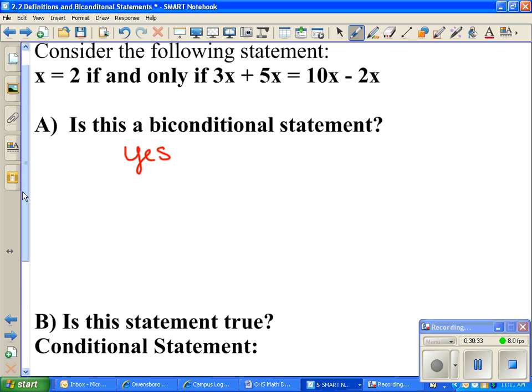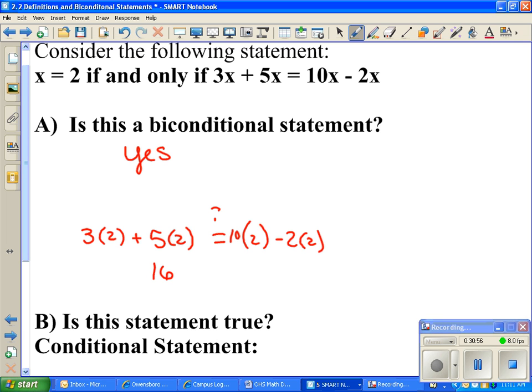Well, okay, let's figure it out. Remember, it has to be true both ways, right? So if I put in 2 for x, 3 times 2 plus 5 times 2, does it equal 10 times 2 minus 2 times 2? That's 6 plus 10, which is 16.